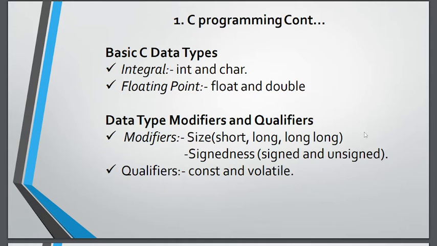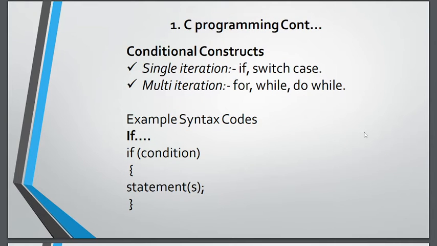So let's talk about basic C data types. We have the integral data types and floating point data types. We also have modifiers and qualifiers as shown. Under conditional constructs, we have single iterations and multi-iterations.